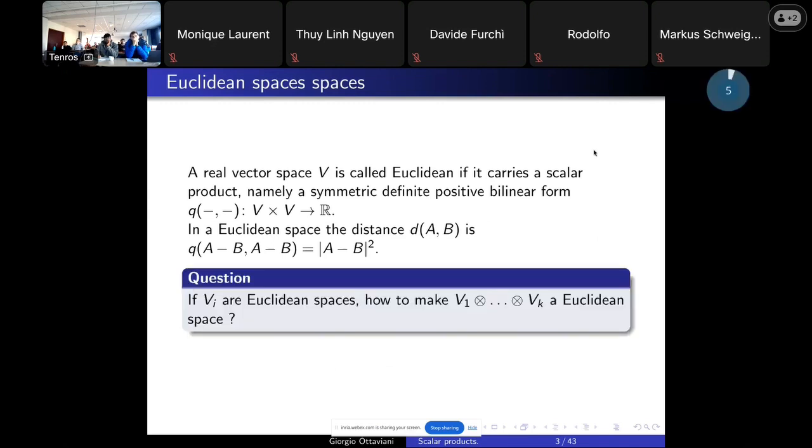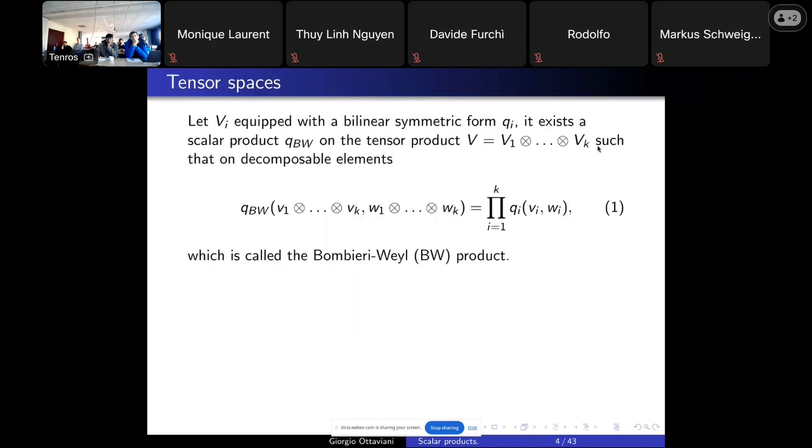And now in this framework, my basic question is the following. If the individual spaces V_i are Euclidean, so you have a metric in each of them, I want to make the tensor product Euclidean in a natural way. The answer to this question is positive, well known, and there is a very natural way to do this. This equation 1 is the requirement that I have.